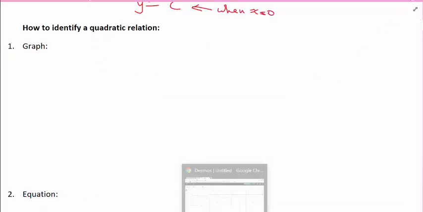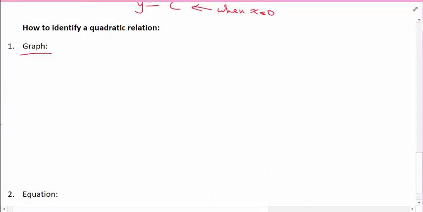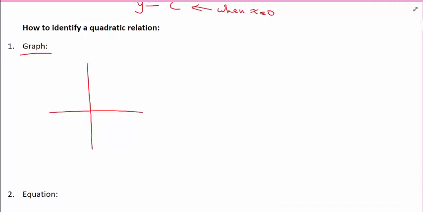Okay, so if I look at a graph, I should be able to say whether that's quadratic or not. And like I said before, a quadratic draws a symmetrical U-shaped curve.